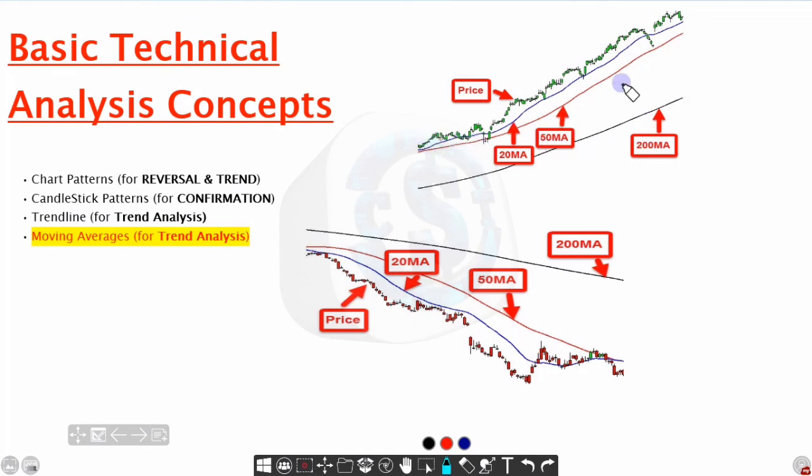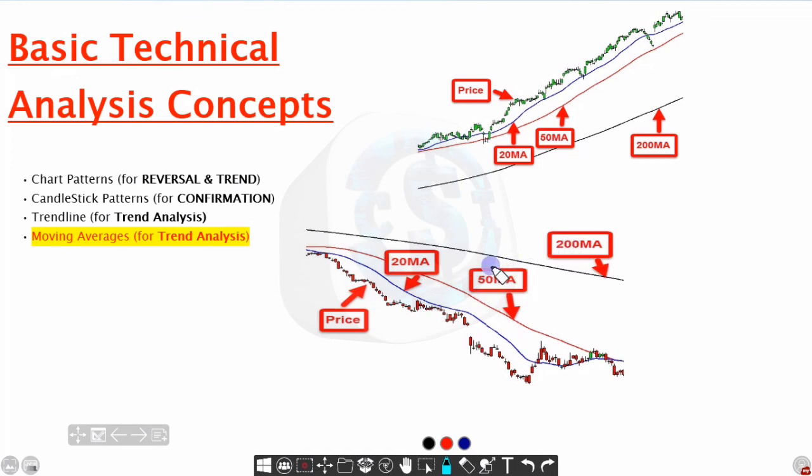So let's say you plot two or three moving averages. The fast one, which is the one with the shorter period, in this case the 20 MA, is below the slower ones. This is the shorter period MA, this is the next shorter one, and this is the longer period MA.